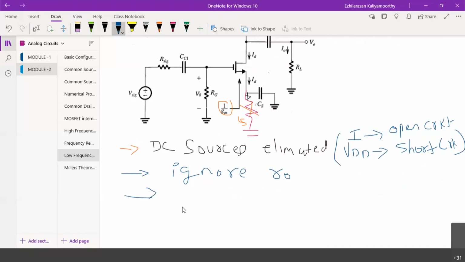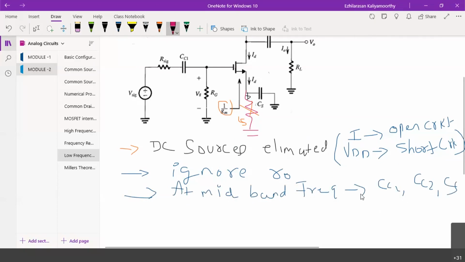Next, at midband frequency, CC1, CC2, and CS, all these three you should make short circuit for midband.